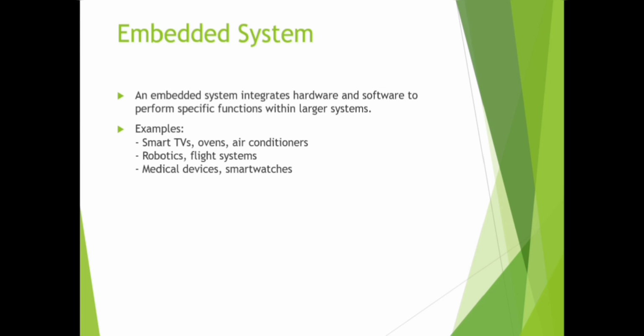Medical devices monitor vitals and give alerts. Industrial robots perform repetitive tasks with high precision. In our case, the embedded system is a washing machine controller and its job is to follow a washing cycle based on input and give output accordingly.